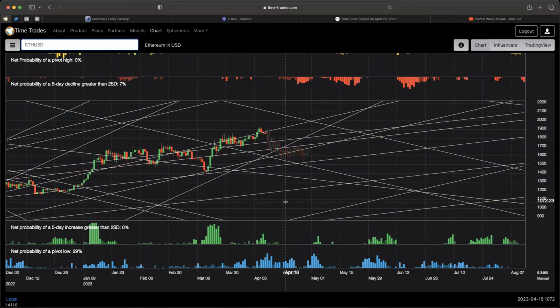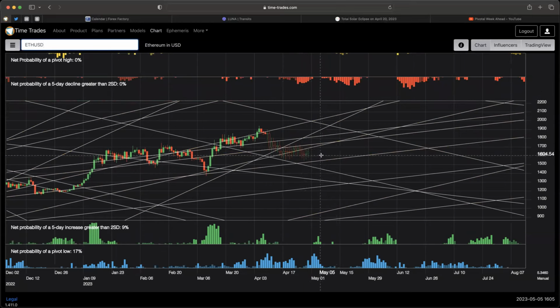Now, we've got Ethereum as well with the GANFANs turned on in time trades. And you can see a bit of alignment here between the down days and the mass pressure index. So the mass pressure index is forecasting Ethereum coming down a little bit. That's also confirmed by the probabilities here.